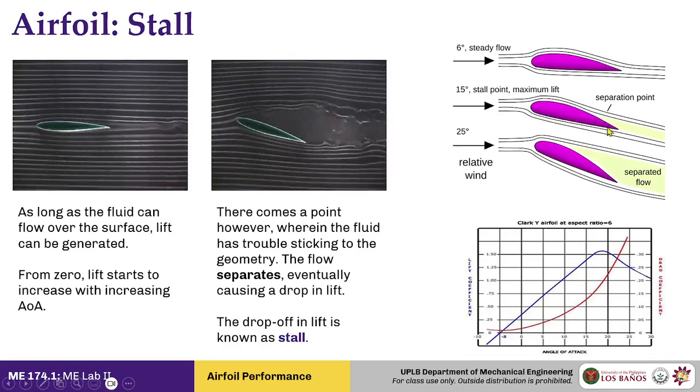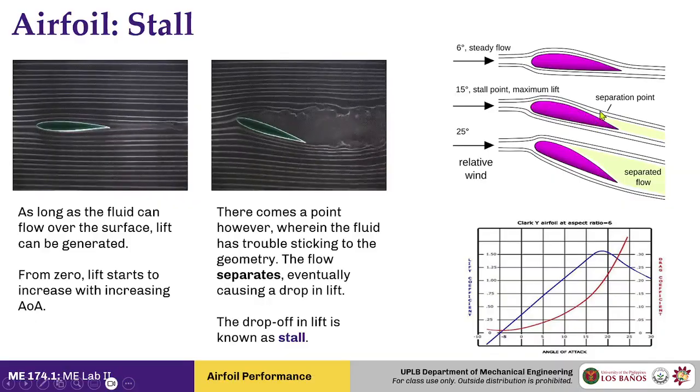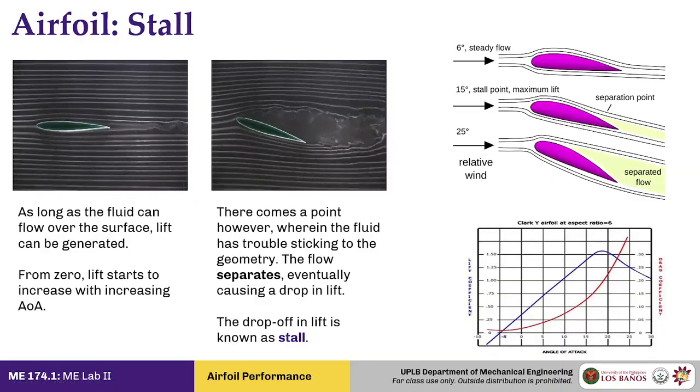Essentially, part of the trailing side of the upper surface no longer has any fluid flowing over it, or at least no flow that helps in generating lift. So even though only part of the upper surface is helping with lift, it is still generating its maximum lift.